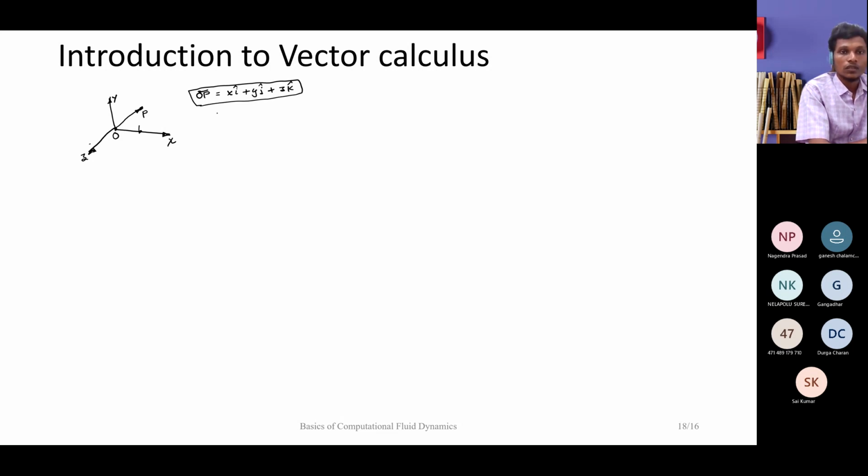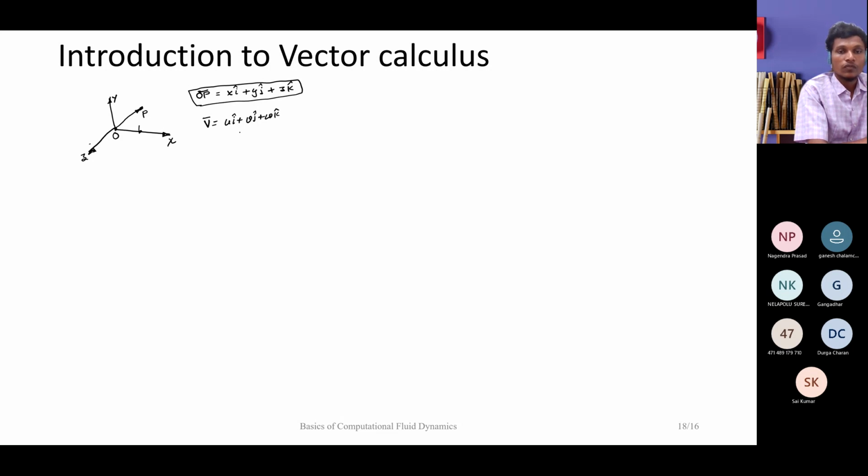If it is a velocity vector, say v bar, you will designate it as u i cap plus v j cap plus w k cap. What are these u, v, w? Suppose a particle is moving in a three-dimensional flow field, and you analyze its velocity parameters in the x, y, and z directions.